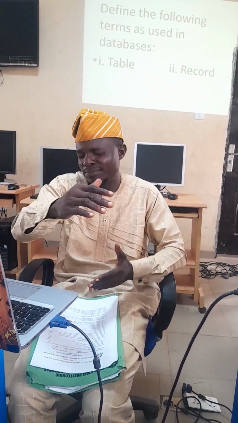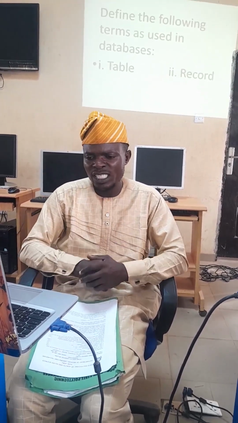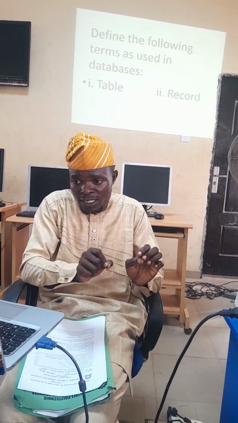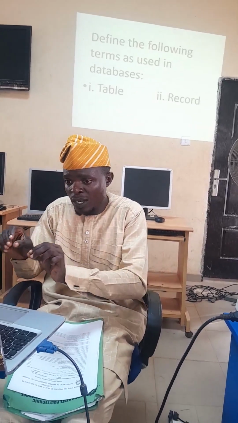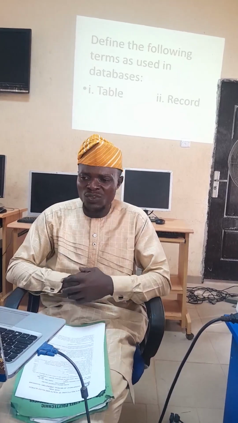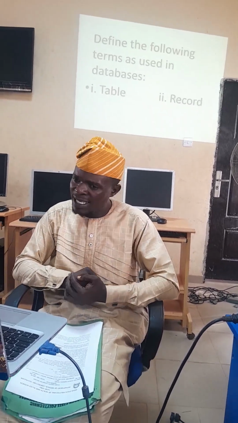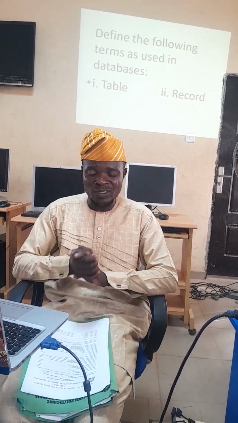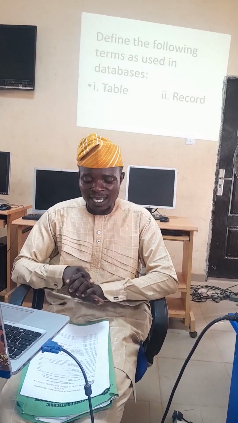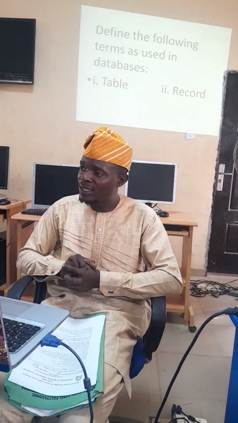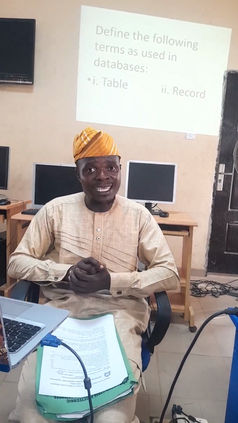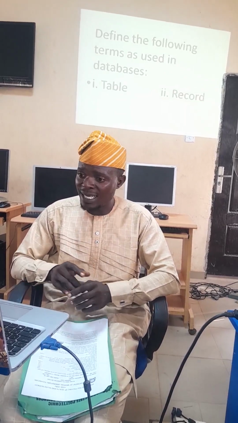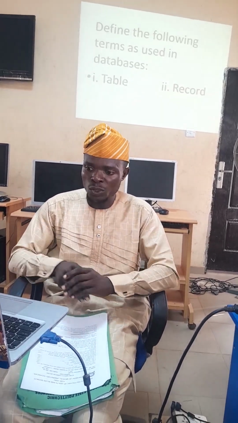You can have as many records as possible in a table. You can have another record, say Adetunji, matric number 1124, and so on and so forth. Now, by definition, we can say a table consists of rows and columns, wherein the rows are regarded as records, and the columns are regarded as what? Fields.